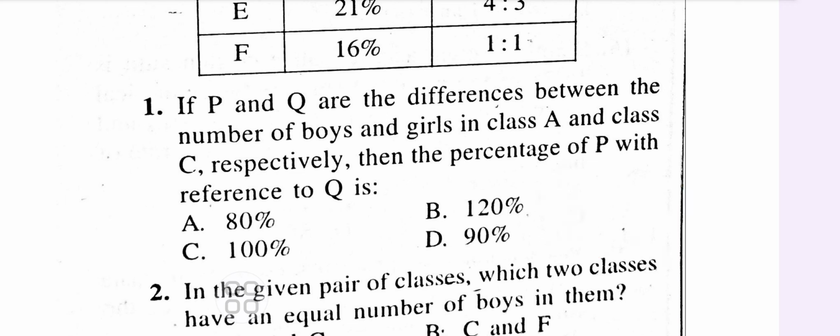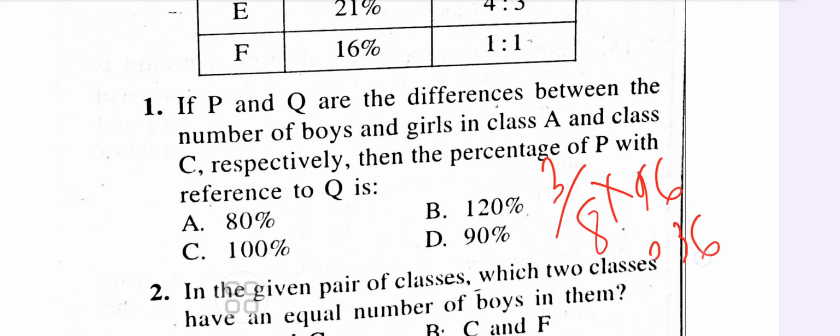And number of students similarly in class C is 16 by 100 of 600, that is 96, and number of boys is 5 by 8 of 96, that is 60, and number of girls is 3 by 8 of 96, that is 36.